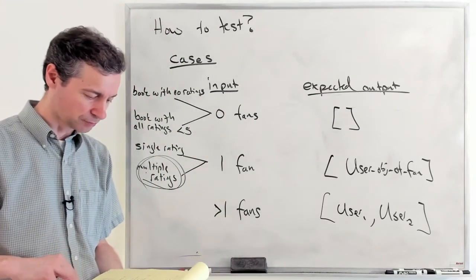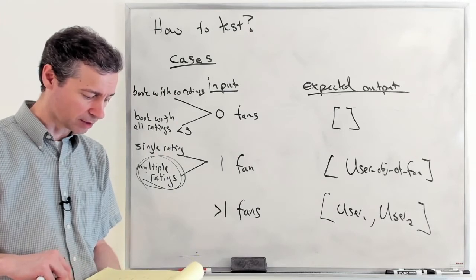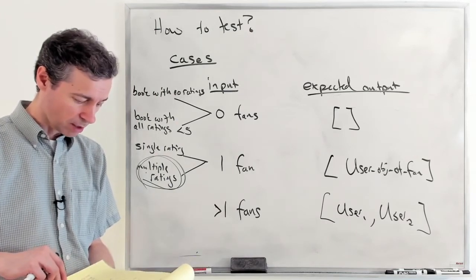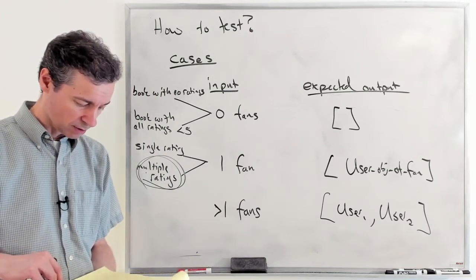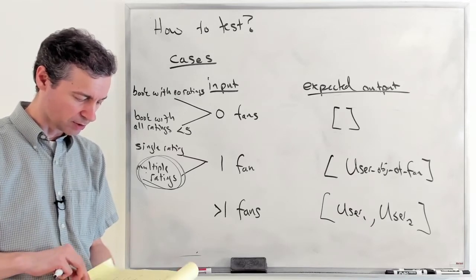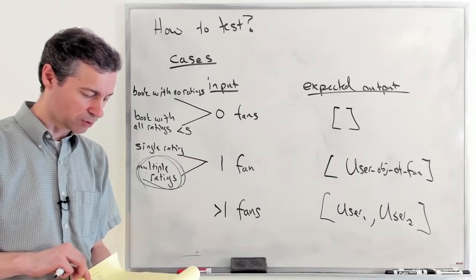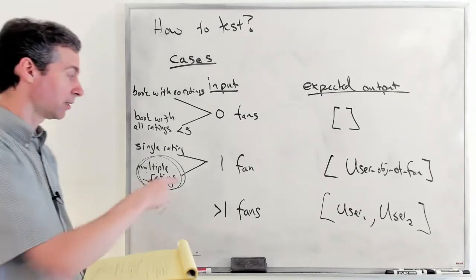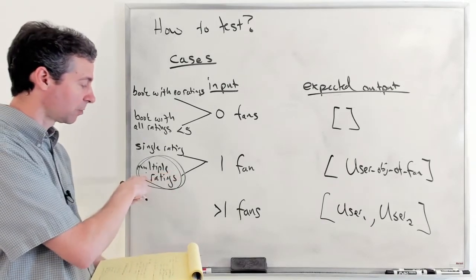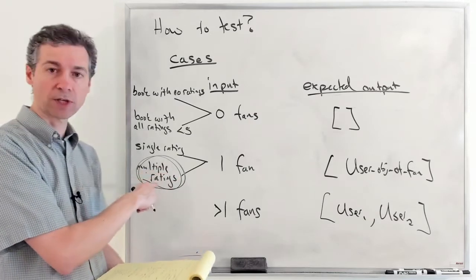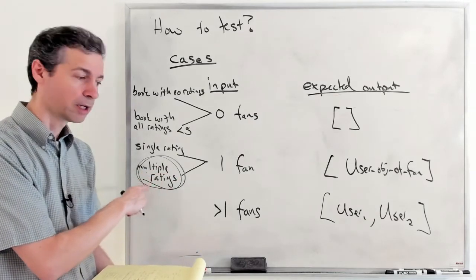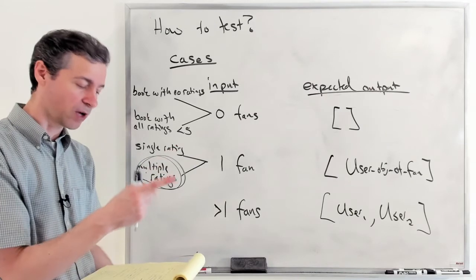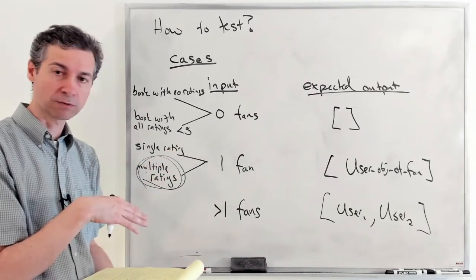It turns out that the dev data has all sorts of stuff in it that's pretty good for doing this. For example, you can see that for this test case, multiple ratings with 1 fan, Ender's Game fits that scenario, okay? Bob is rated a 5. Those other users didn't rate it a 5.